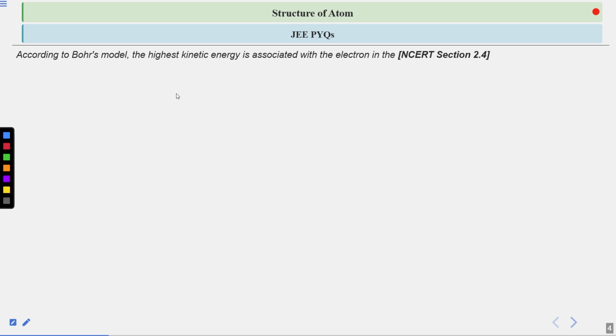So the correct answer is first orbit of helium plus. The solution goes like this.